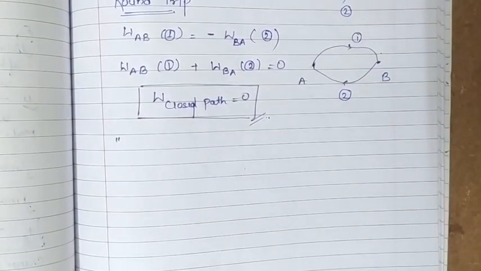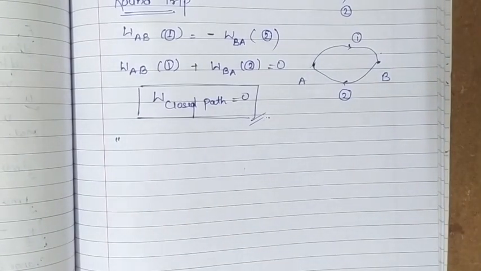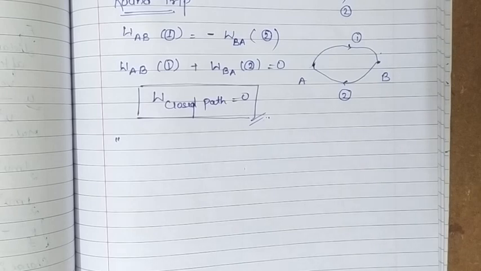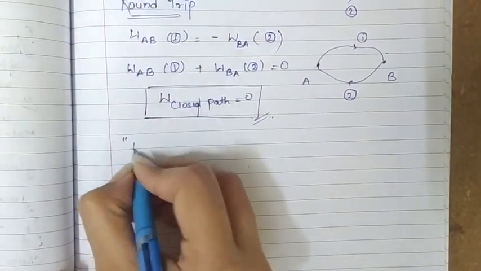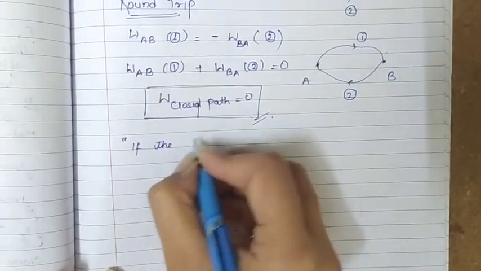Hence we can define non-conservative forces as follows: if the amount of work done in moving an object against a force from one point to another depends on the path along which that body moves, then such a force is called non-conservative force.